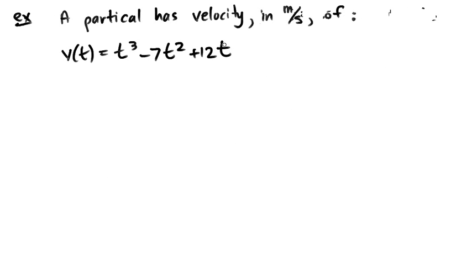So our example is a particle has a velocity, measured in meters per second, of v of t equals t cubed minus 7t squared plus 12t. And we're going to do two things.